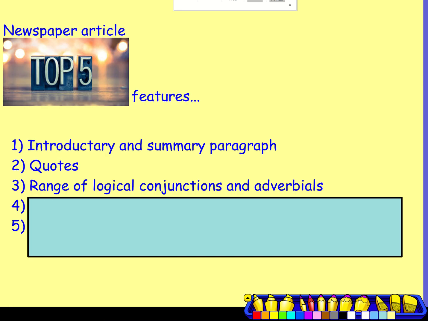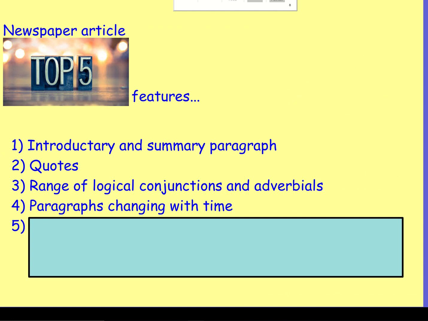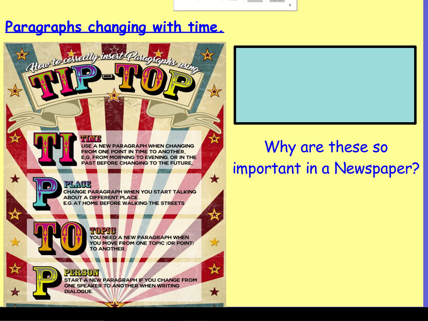Another top 5 feature, see if you've got this one right, paragraphs changing with time. So we've looked at in our letter, remember we had paragraphs changing for time again, and in our set description we had paragraphs changing for place, but in a newspaper we are doing time.